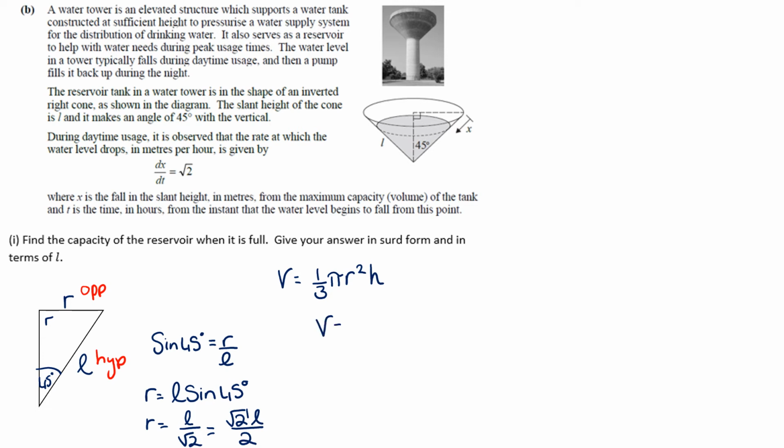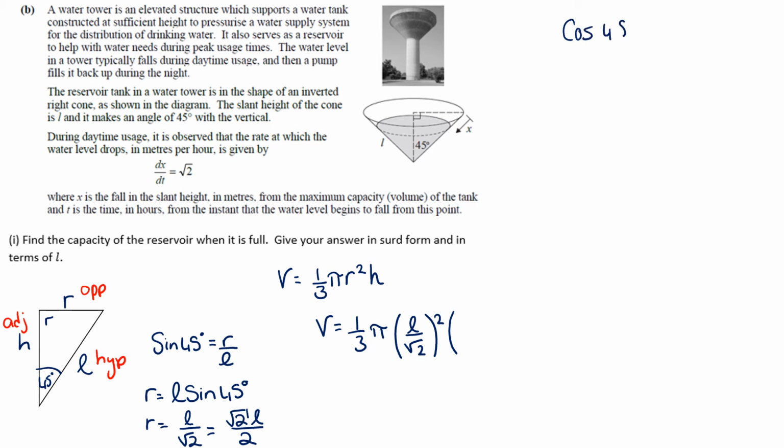So my volume then is 1/3 pi r squared. So I'm going to use L over root 2. If you use the other, it will still give you the same answer. That's squared. And the height. So now I also need the height in terms of my L, and I can work that out over here as it's my adjacent. So a very similar method to what we had been working with.